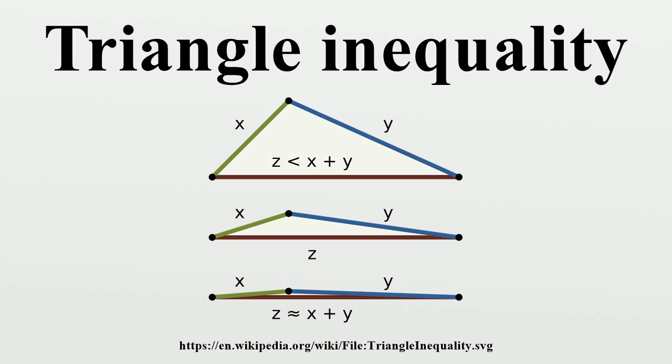Reverse triangle inequality. The reverse triangle inequality is an elementary consequence of the triangle inequality that gives lower bounds instead of upper bounds. For plane geometry, the statement is: any side of a triangle is greater than the difference between the other two sides. In the case of a normed vector space, the statement is as follows, or for metric spaces, the absolute value of d(y, x) minus d(z, x) is at most d(y, z).